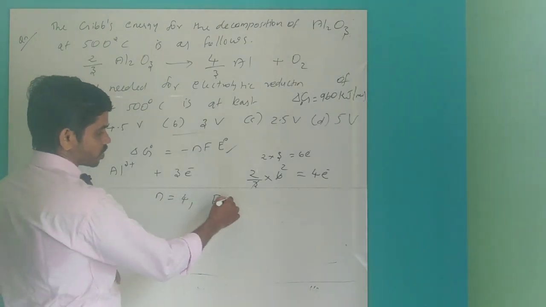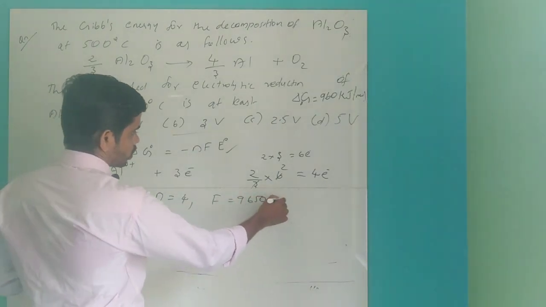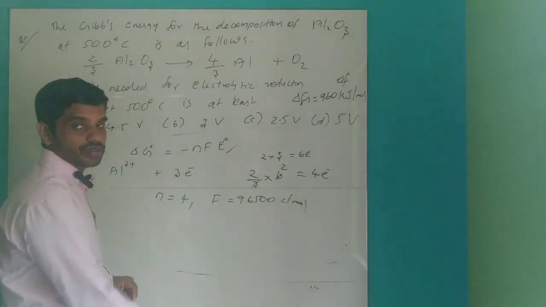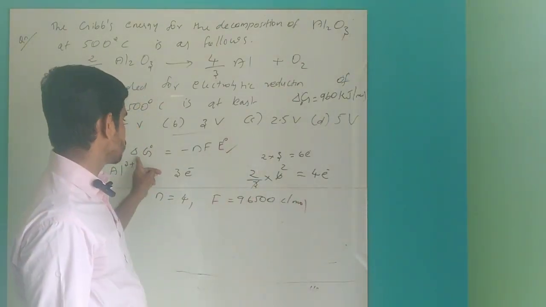What is the value of F? F is equal to 96500 coulomb per mole. Delta G is given.